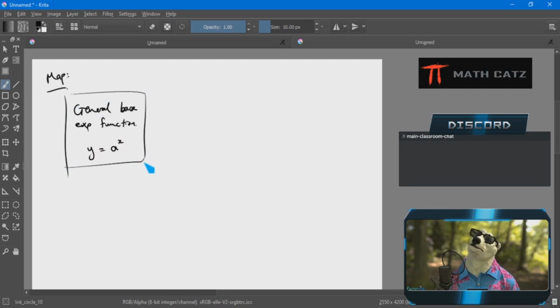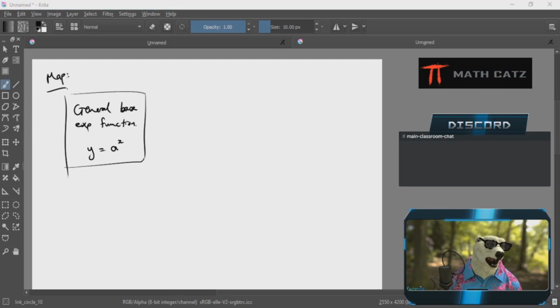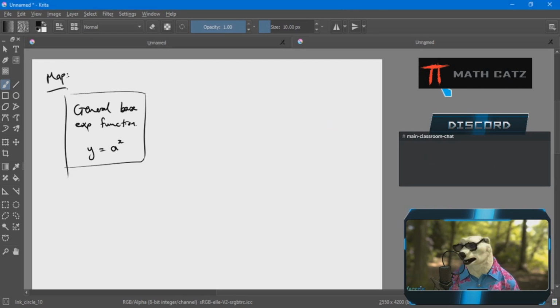We tried finding the derivative by way of the limit definition. We kind of got stuck. And what turned out helping us was this wonderful and weird number, e. So then we said, let's just stop looking at this in general, and let's just look at this specific base and call it the natural exponential function.